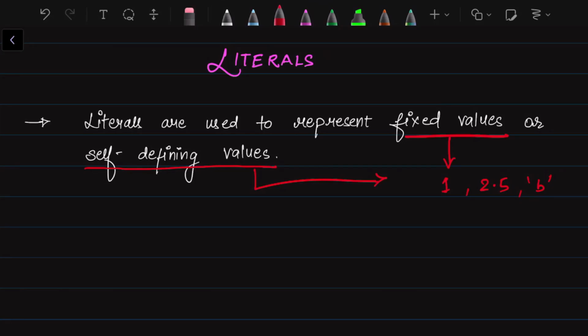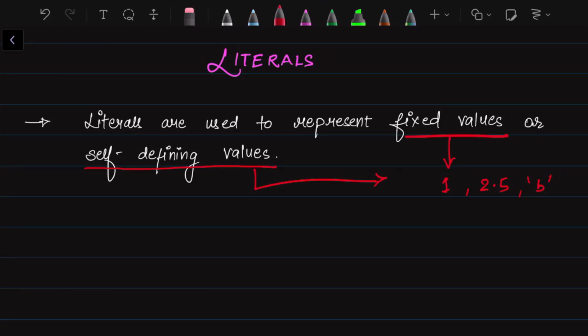Whenever you encounter 2.5, you will understand that it's a double or a float. Whenever you encounter some character, let's say B, A or whatever, you'll understand that these are characters. So these values are defining themselves. That's what self-defining values are. And literals are basically self-defining values, or they are used to represent self-defining values.